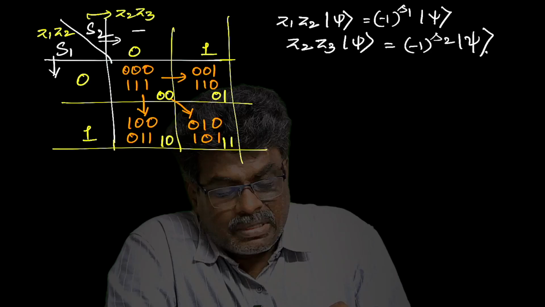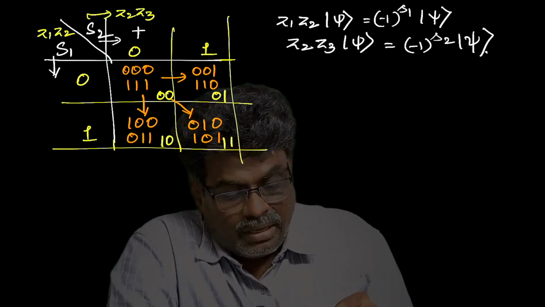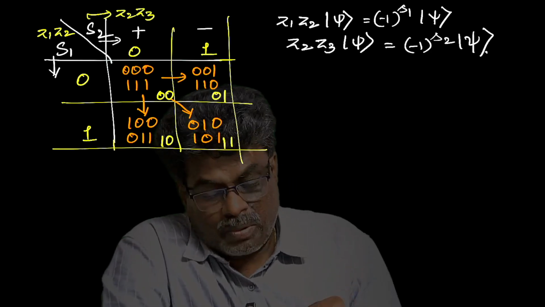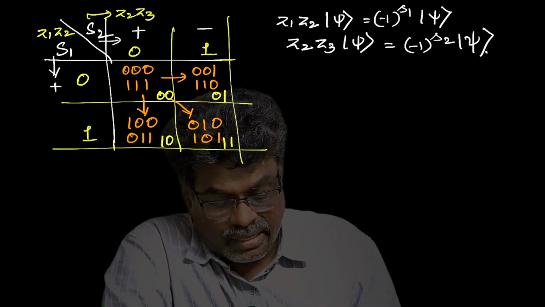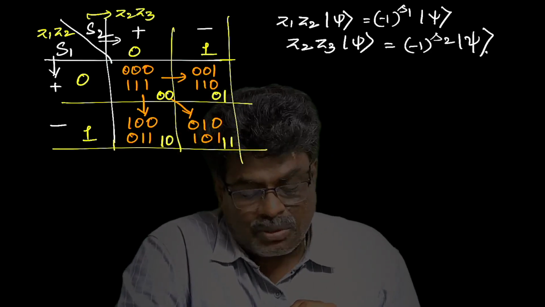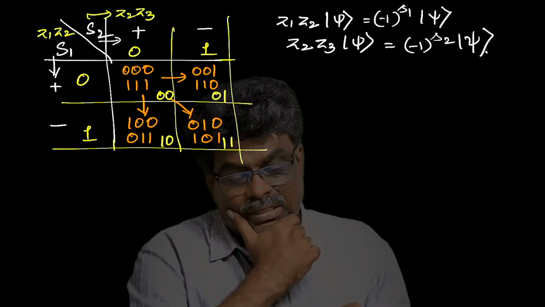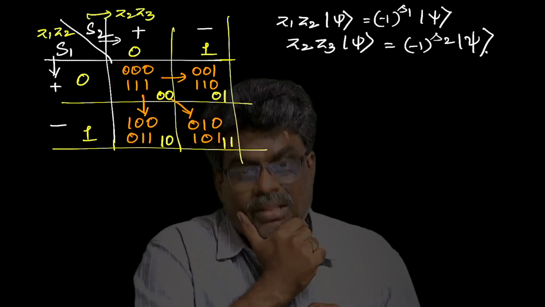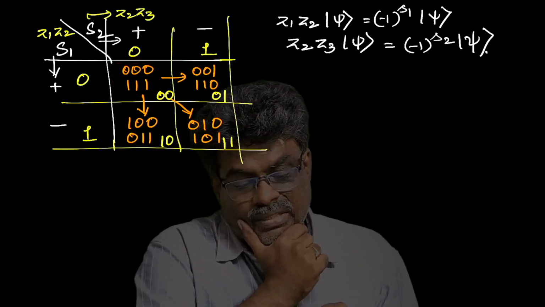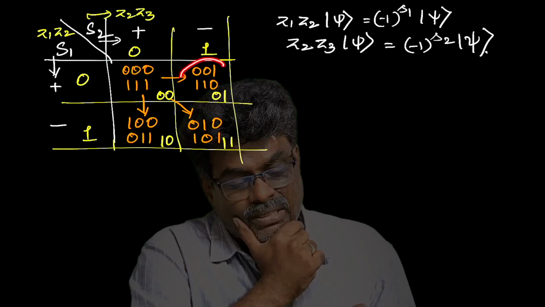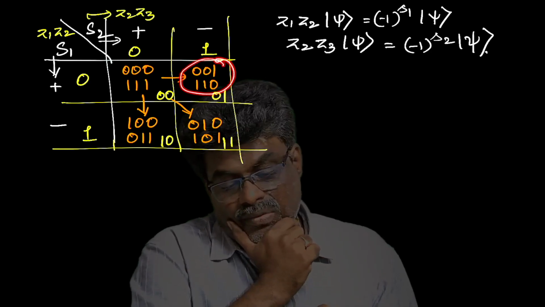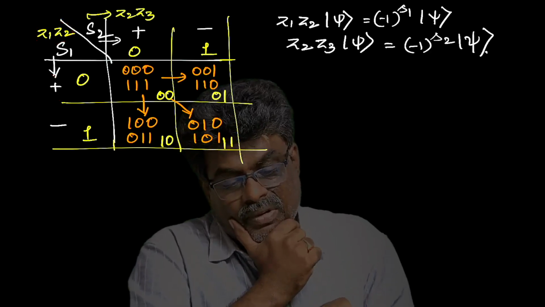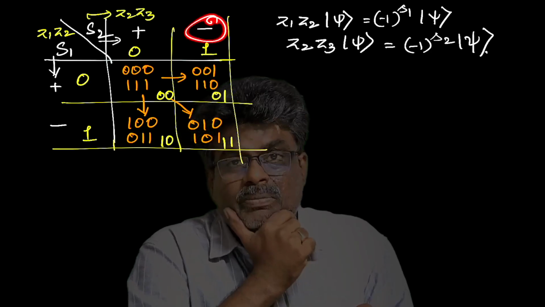S2 0, that means definitely plus, okay, and S2 1, so minus. So here minus 1 whole power S1 plus, and here it is minus. So now if you observe carefully, these are syndrome states here, these states. Okay, so there is no change in the first one, and if you take these two states, for Z1, Z2 we have plus parity, for Z2, Z3 we have this minus parity.